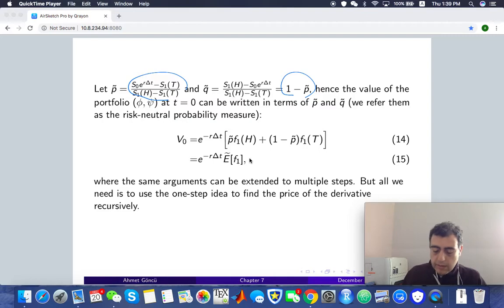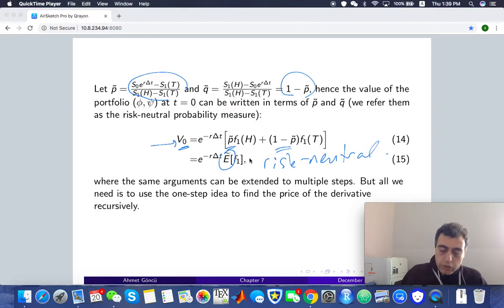And as we said, if you add these together, we get the sum equal to 1. So if we rewrite the whole thing again, the financial derivative's value at time 0 can be written as an expectation now with respect to these risk neutral probabilities, and we will use this E tilde notation to represent that this is a risk neutral expectation.